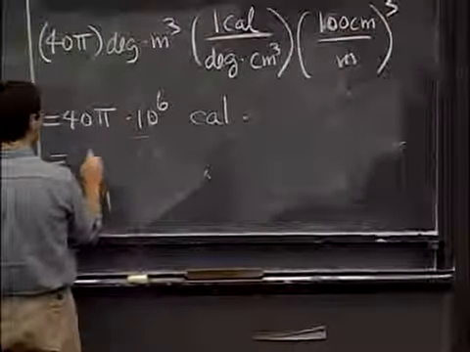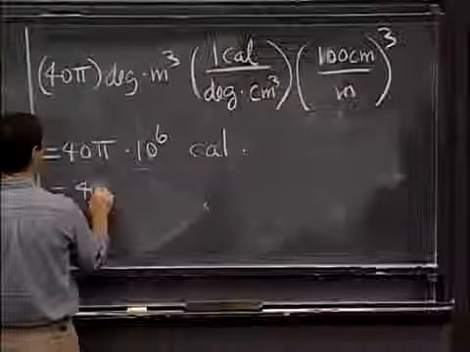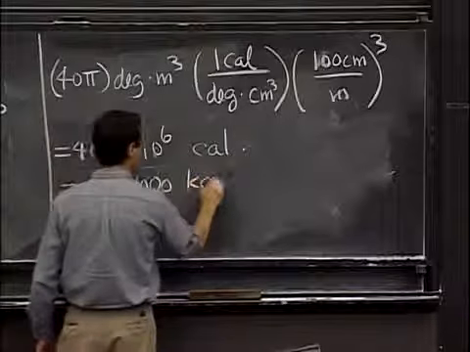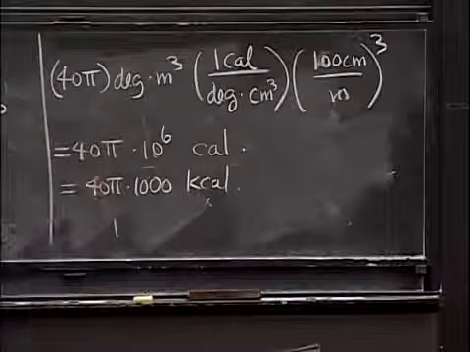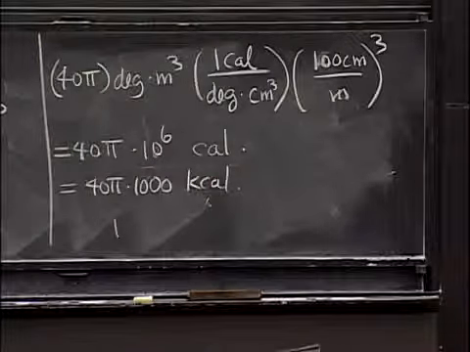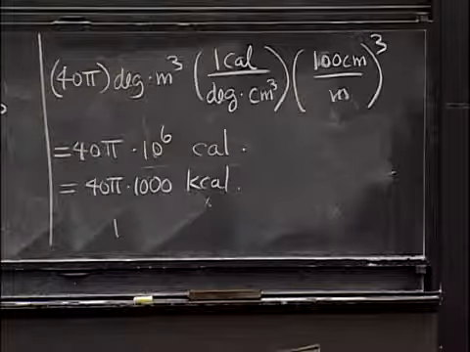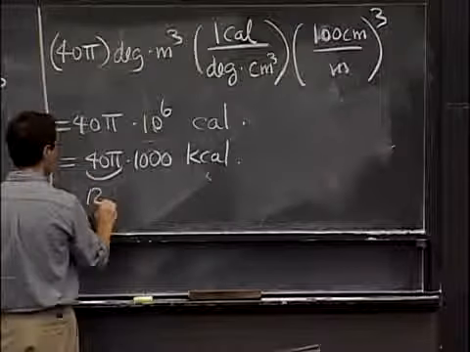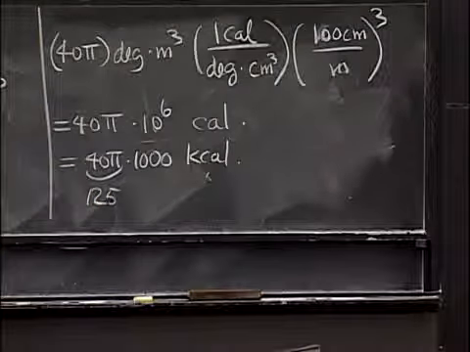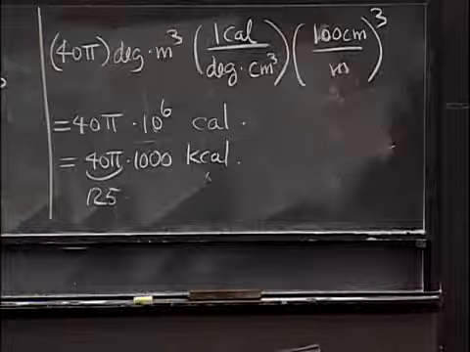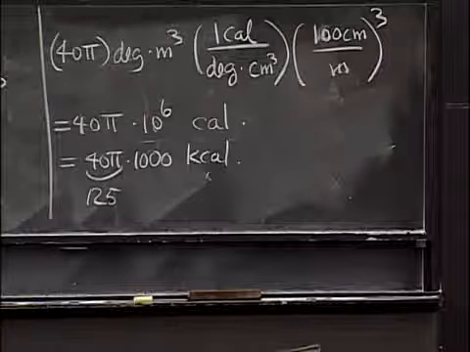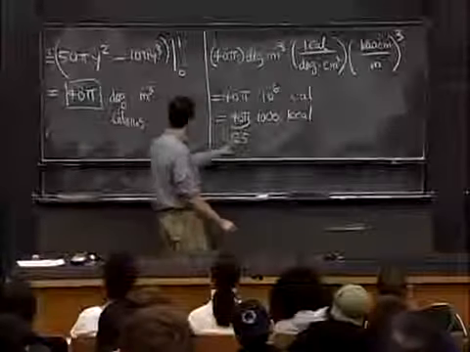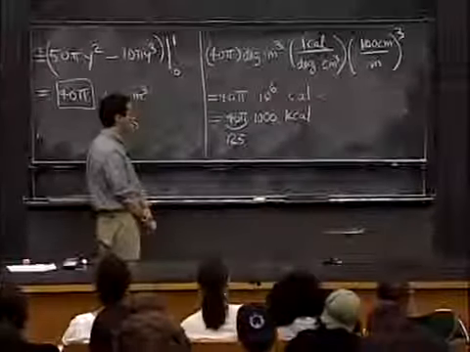Well, it's a little better, maybe, to do it in 40 pi times 1,000 kilocalories, because these are the ones that you actually see on your nutrition labels of foods. And so this number is around 125 or so. Let's see, is that about right? Let's make sure I've got these numbers right. Yeah, this is about 125, 40 times pi.